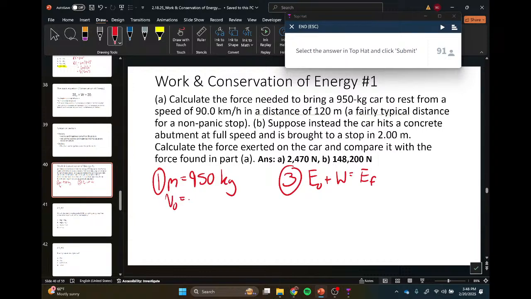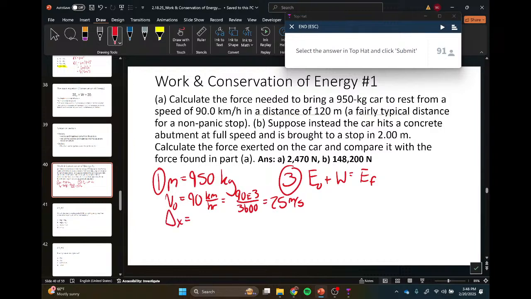My initial velocity is 90 kilometers per hour, which we're going to need to convert. That's going to be 90 E3 over 3,600. 60 minutes times 60 seconds, converted kilometers to meters. It does come out to a nice number, which is convenient: 25 meters per second.